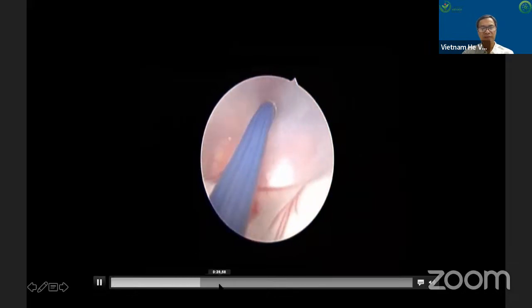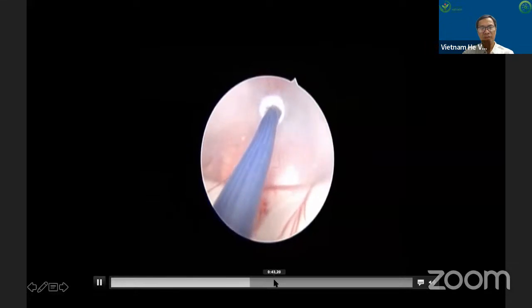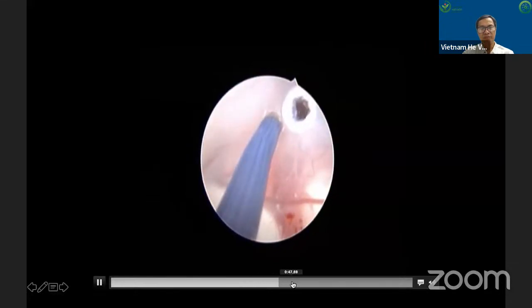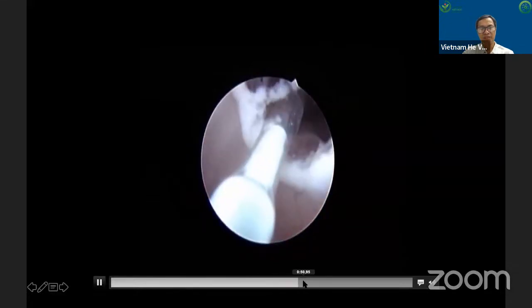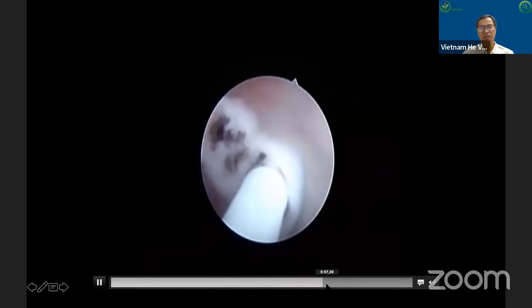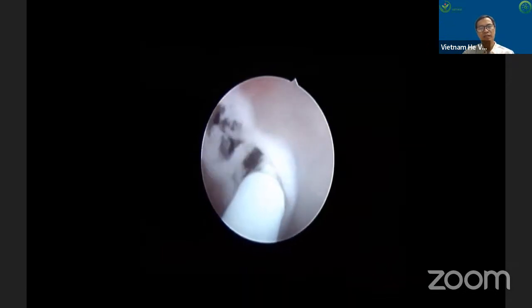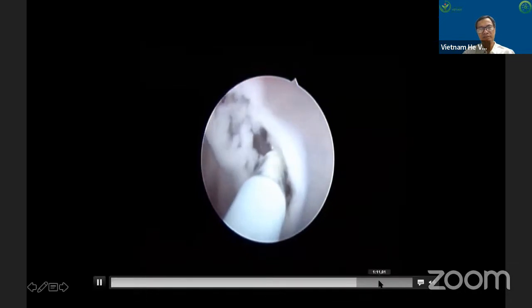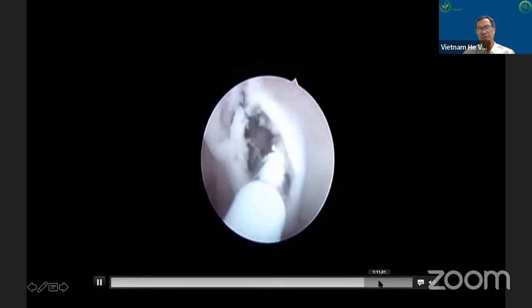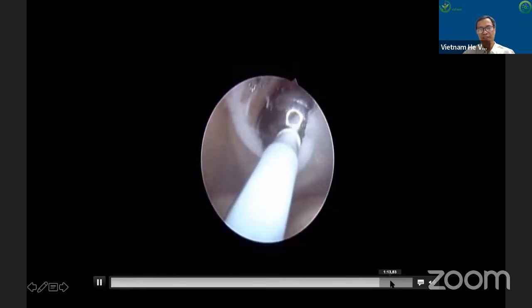You can find the entry point, and we make a hole, and it's easy, and we can make another hole to make it bigger, or you can use the Fogarty. I use the Fogarty. I bring this one from the cardiovascular surgeon. It's cheaper and easy to find.